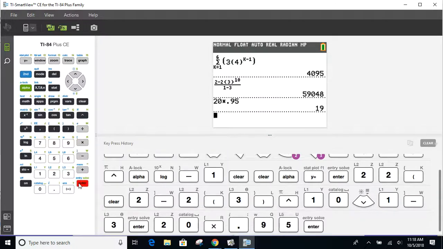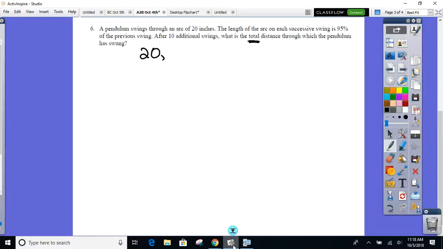So the next swing is going to be 19. Then 95% of that. And I'm having you guys do this on the calculator for a reason. That'll be 18.05. All right, I don't think we need any more terms, do we?